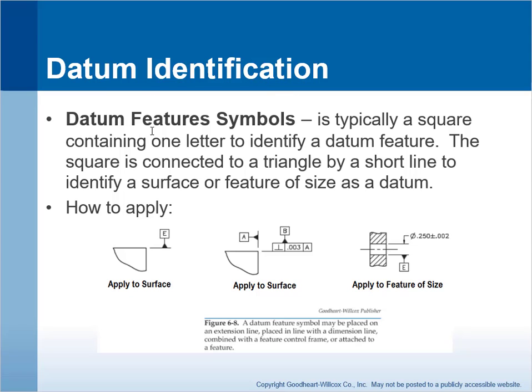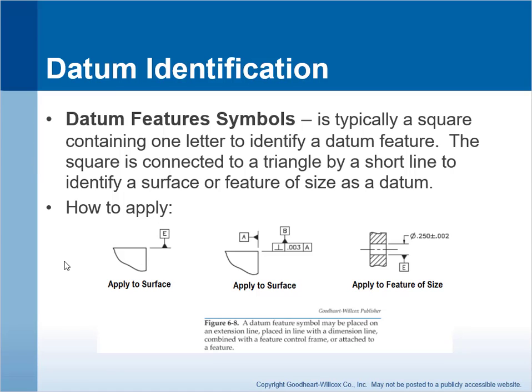A datum feature symbol is typically a square containing 1 letter to identify a datum feature. The square is connected by a triangle to a short line to identify the surface or feature of size as a datum. Okay, so we can apply datums to a surface or to a feature of size.